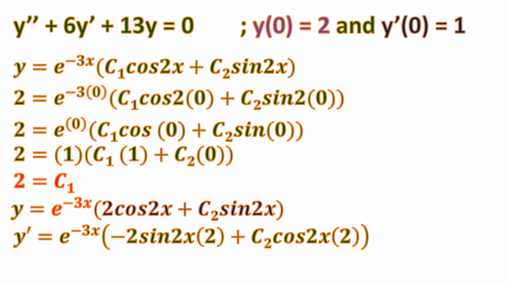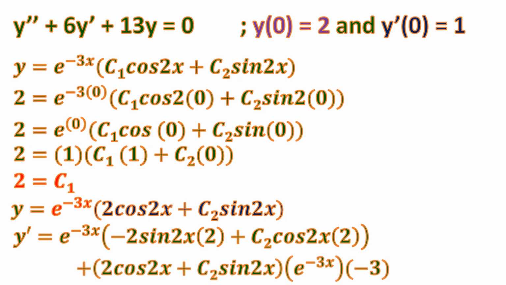We copy the e to the negative 3x, and differentiate the second part, the 2 cos 2x plus c sub 2 sine 2x. The derivative of cosine is negative sine, and the derivative of sine is cosine. Then we copy the second part, and we differentiate the first part, e to the negative 3x.